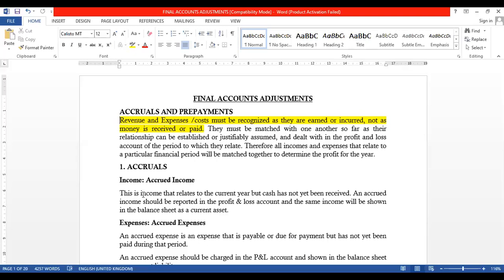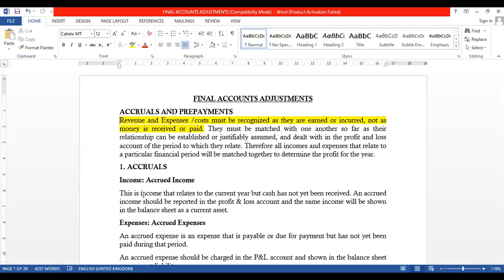So what we are saying is, in any given business, for example, we are in the year 2020. If your work is to sell some items, let's say household items, there are people who will come and buy on credit.